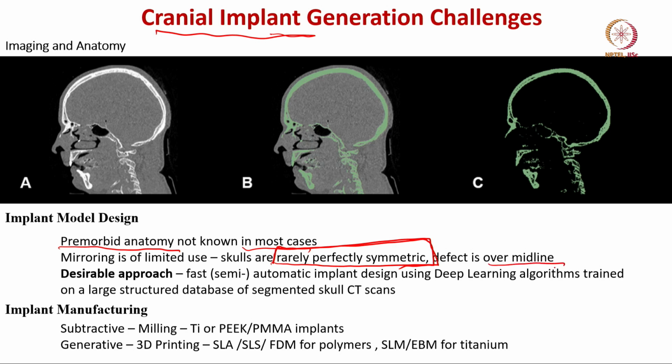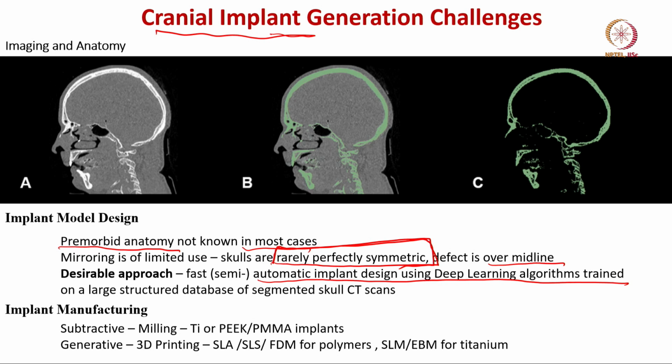What is the desirable approach? The desirable approach is first automatic implant design using deep learning algorithms. Deep learning is one of the subsets of the overall data science approaches that researchers have been consistently using, and I will explain deep learning when I discuss the data science approaches.